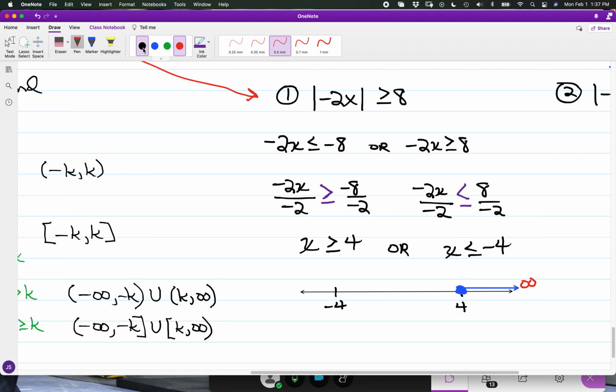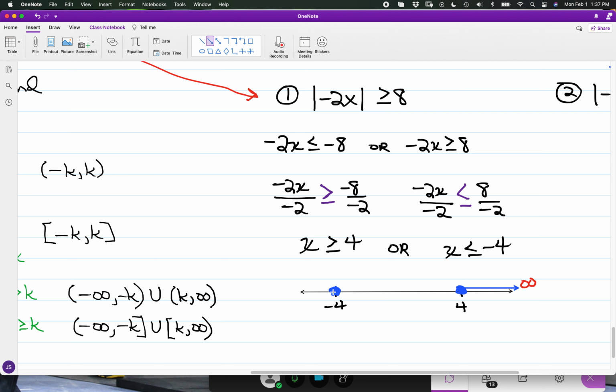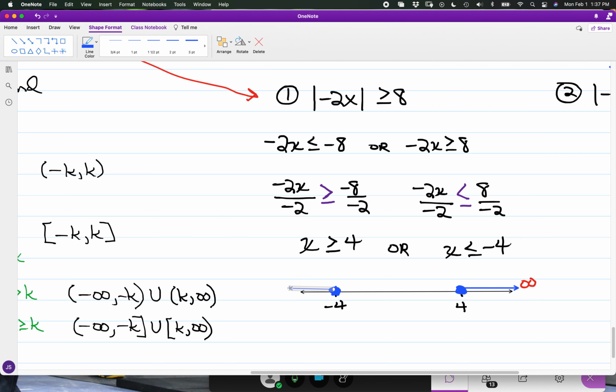Then for x is less than or equal to -4, I have a closed point and an arrow that's going to go to the left, in the direction of negative infinity.